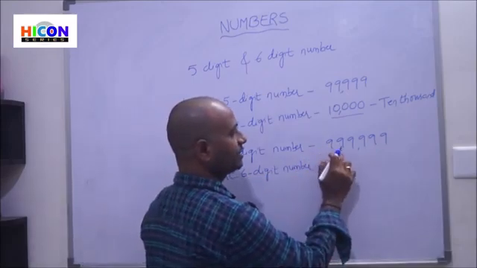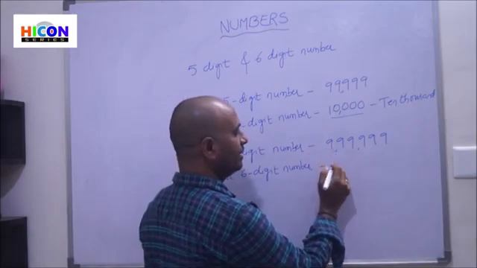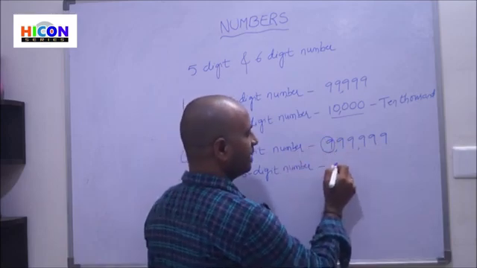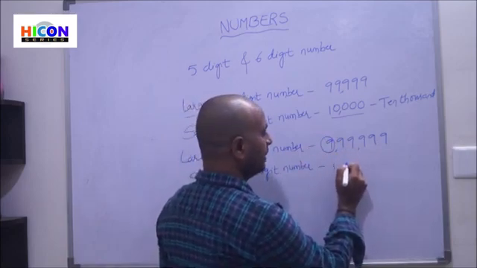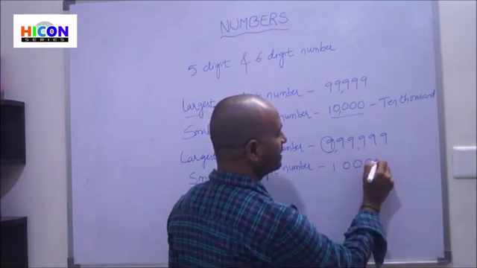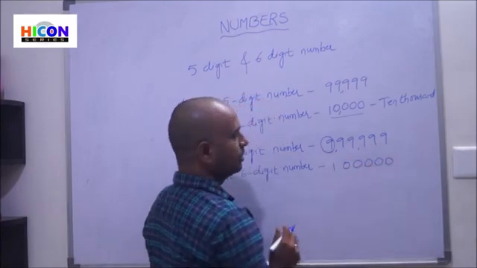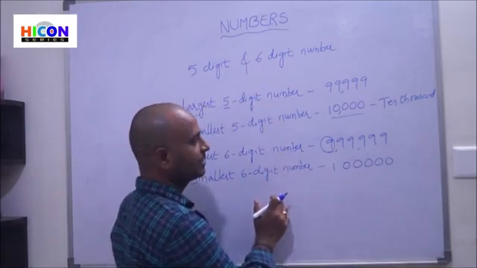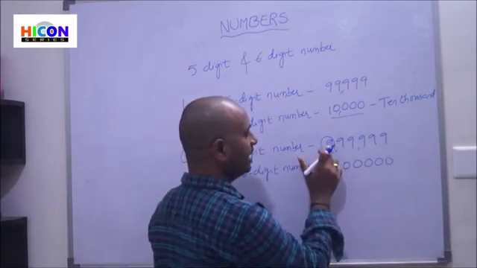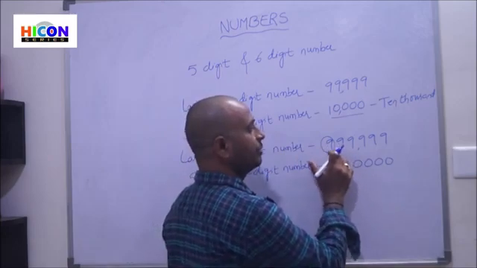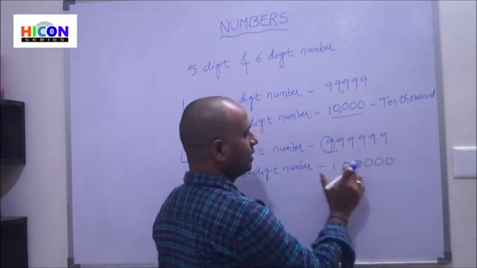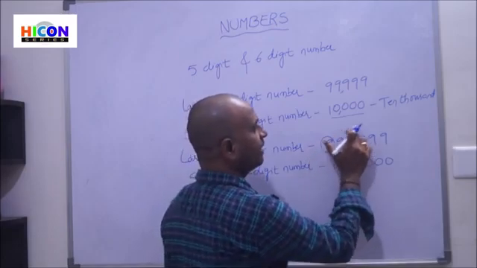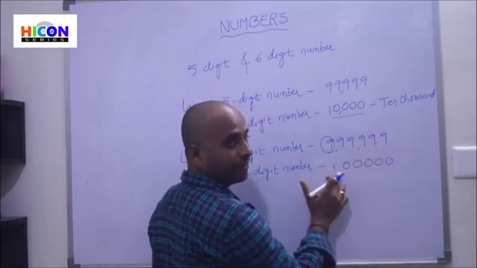In the largest 6-digit number, write 1 in the place of the first 9 and write zeros in the places of the remaining 9s. So the first 9 is replaced by 1 and the remaining 5 nines are replaced by 5 zeros.